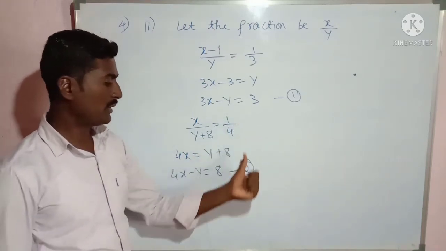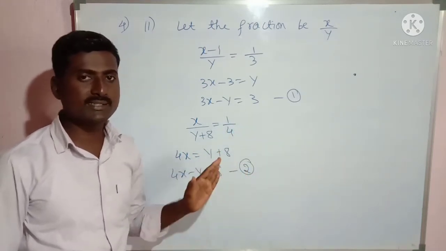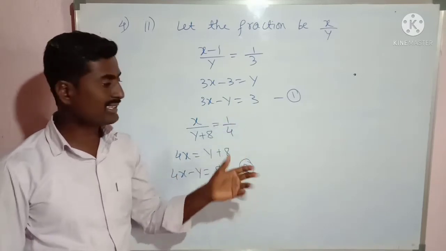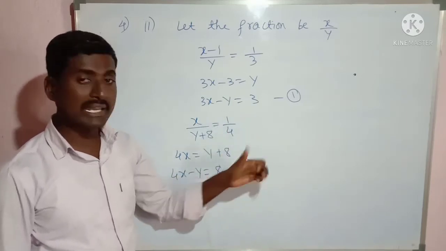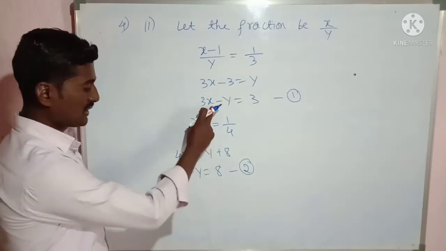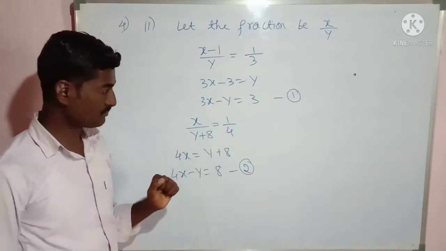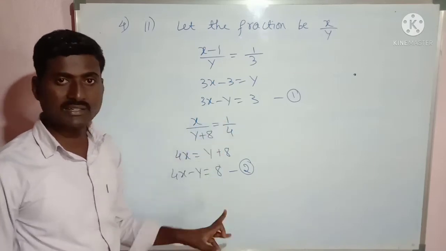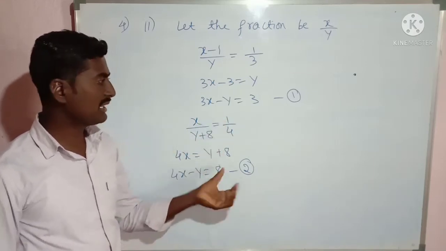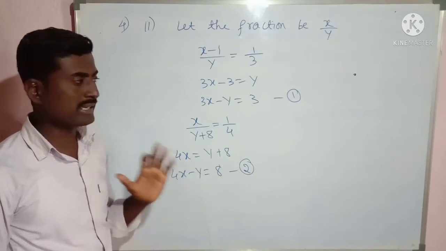Now we got the pair of linear equations. We have to find the solution by any method. Now you observe these two equations. Here minus y is there, here also minus y is there. By subtracting these equations, the y term will vanish. Then automatically you can find the value of x.